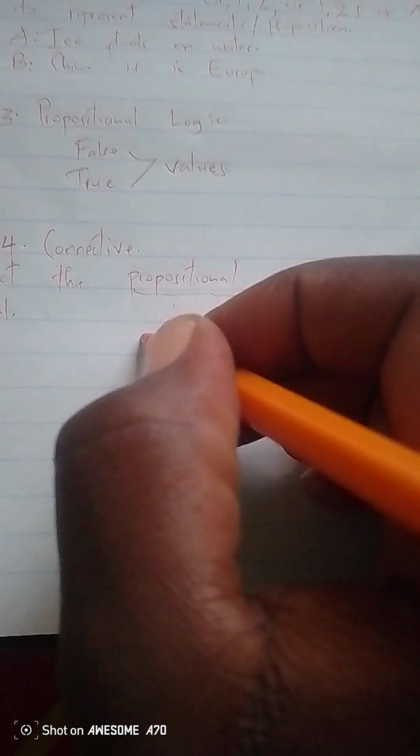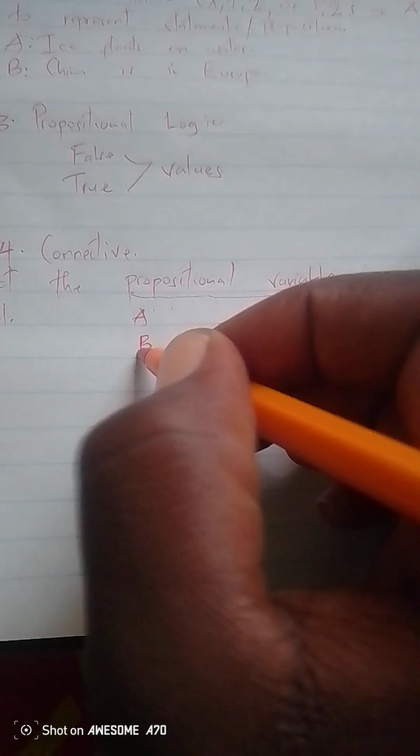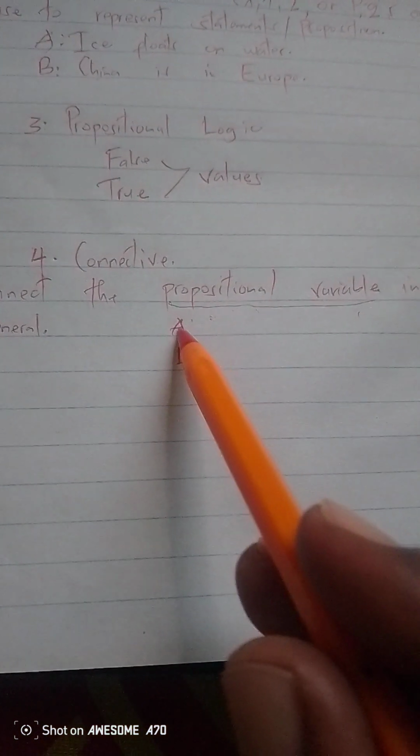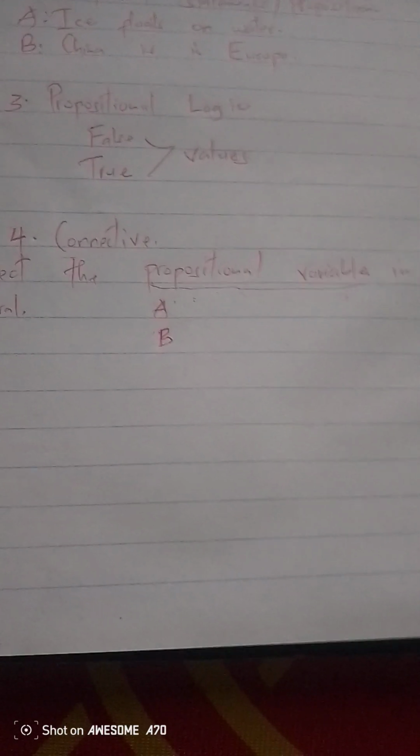For example, we can say A and we say B. These are the variables A and B. I hope you've met them severally in your truth tables. So, for us to connect A and B, we will use a connective. Before we connect them to appear in a propositional logic in general, I want to show you these connectives. How many are they and how do they look?